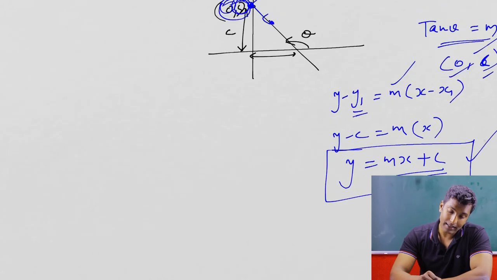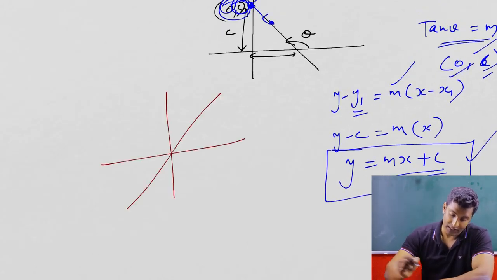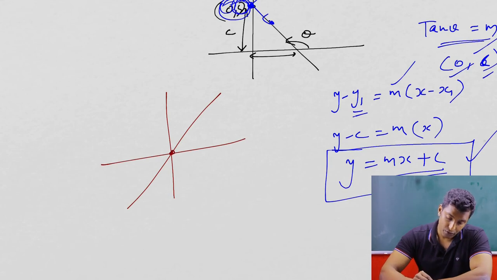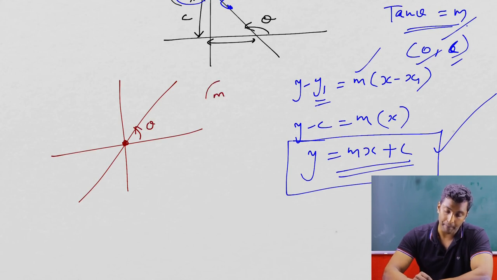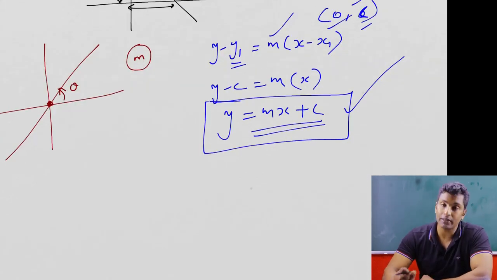Now in the same case, if I tell you the line is passing through the origin, then I am giving you the y-intercept here. The x-intercept is also there, that is also 0. So the y-intercept clearly is 0. Now if I give you the slope also, that means theta, that means I know m. I told you that this line is passing through the origin, then c is going to be 0.